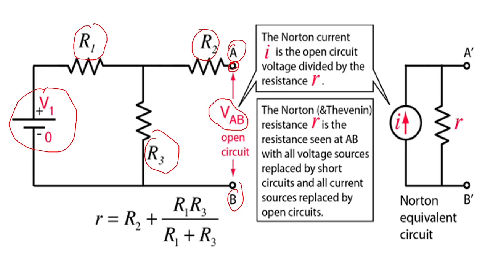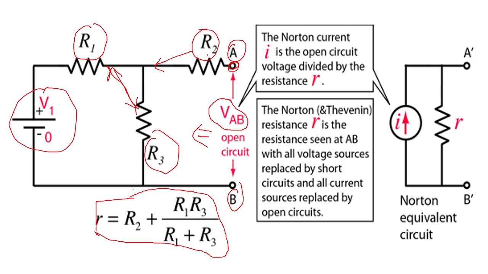This is the voltage across terminals A and B, and the effective resistance R will be taken as this resistance R2, in series with the parallel combination of these two resistances. So R is R2 in series with the parallel combination of R1 and R3. This is how you get R.